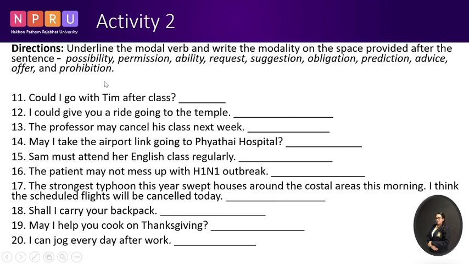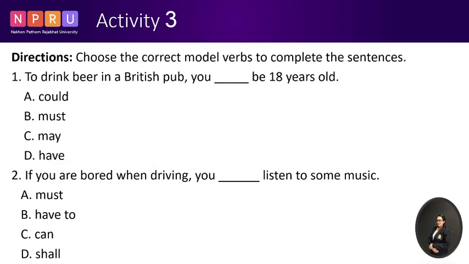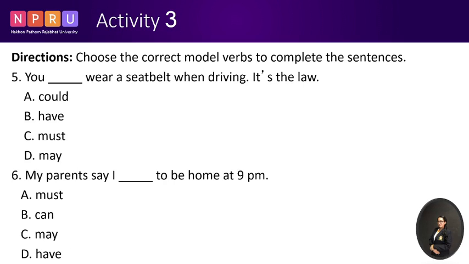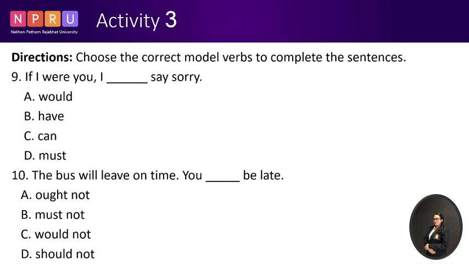That is in this page, until number 20. For activity 3, directions, you choose the correct modal verbs to complete the sentences. So you have here 10 items.